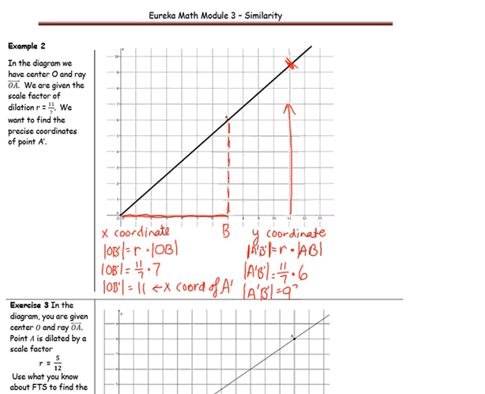And that gives us 9 3/7. This is our y coordinate of A prime. So A prime will be up here, and the coordinates are 11 and 9 3/7.